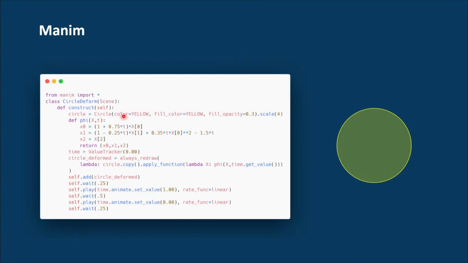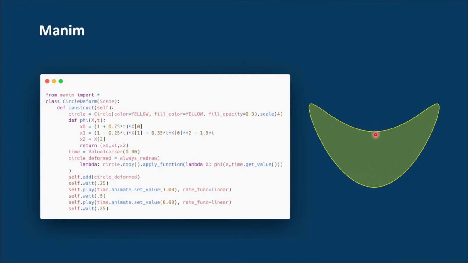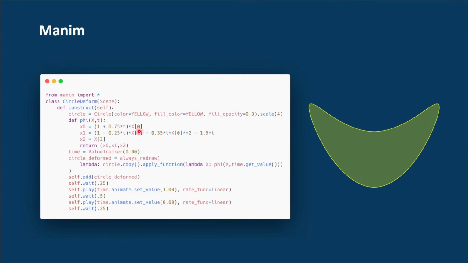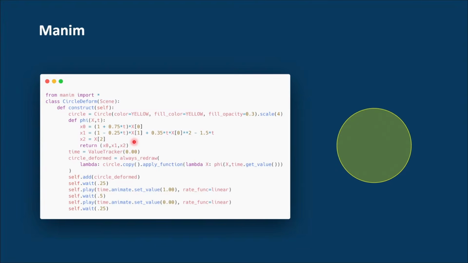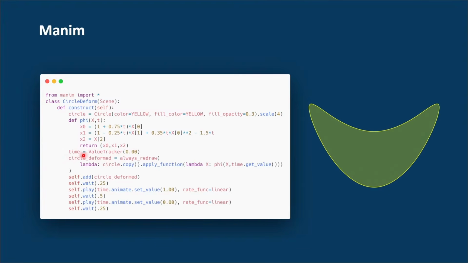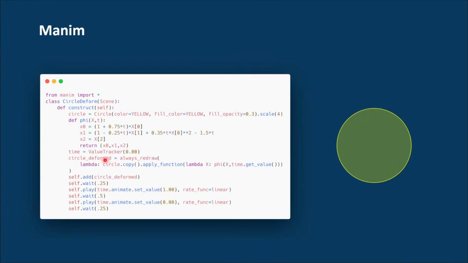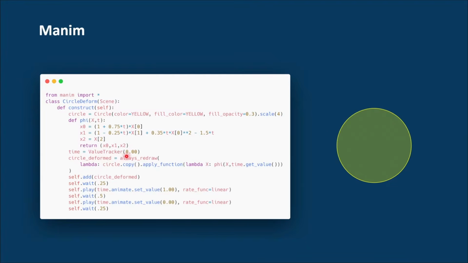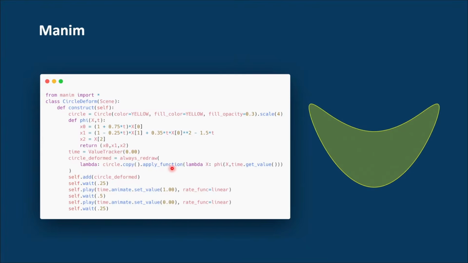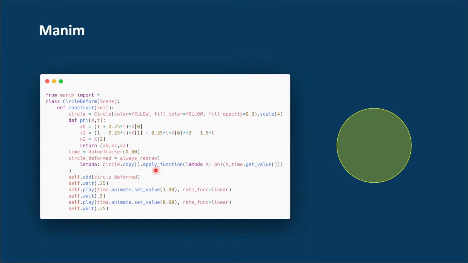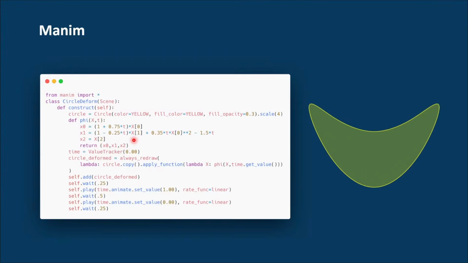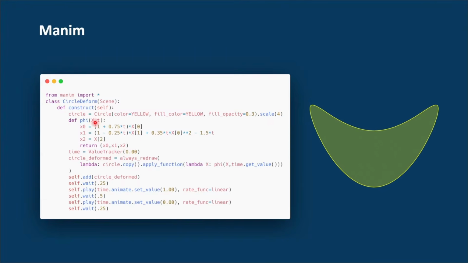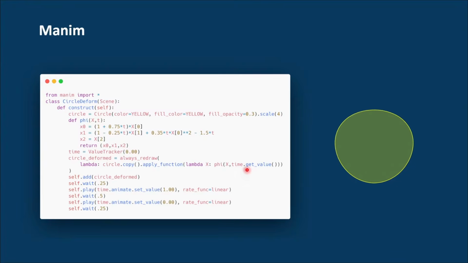So here we can see a circle that looks like this in the undeformed configuration, and then we define a deformation mapping and a time tracker value which starts at 0, and then we can define this apply function subroutine, which applies this deformation mapping to the undeformed circle, and this is dependent on the time t.